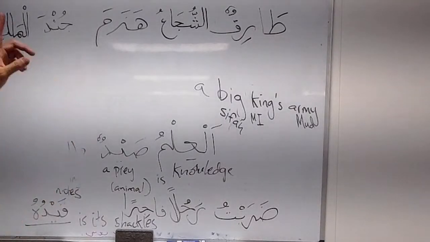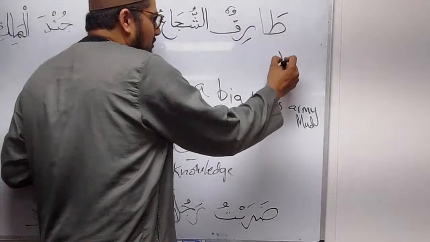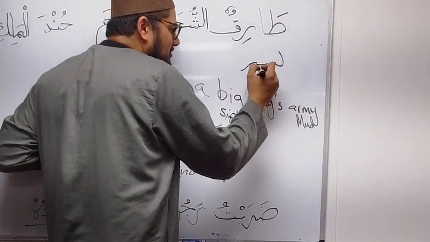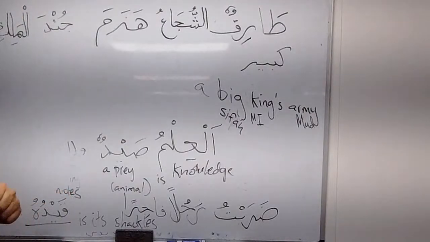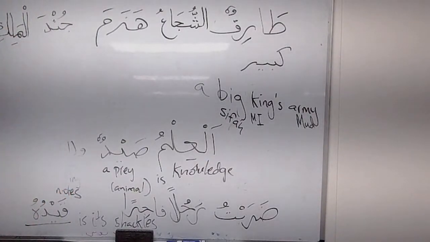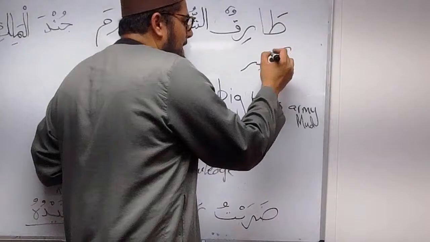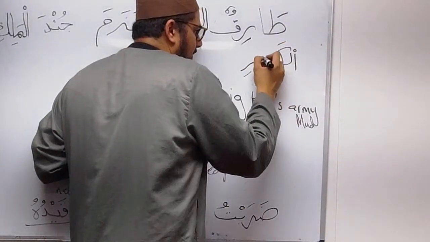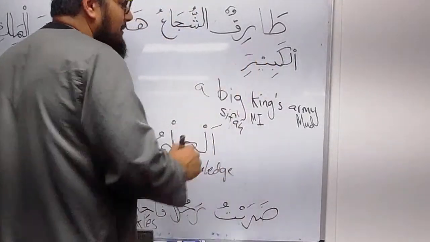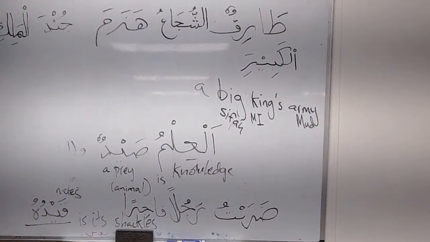Okay, so we're describing big. We're using big to describe the king, not to describe what? His army. So this word has to match which word? Maliki. Which means this word must have what? The same case and the same gender. How about if this said al-kabira? No, that would describe the army.